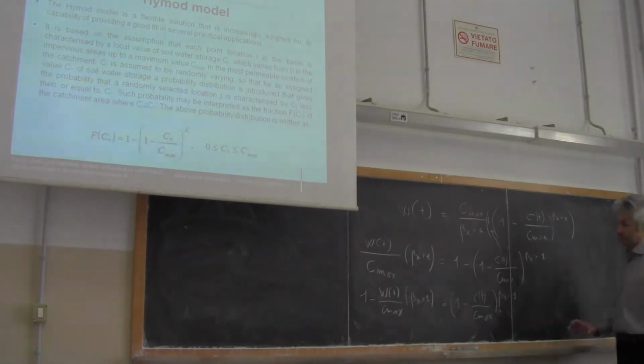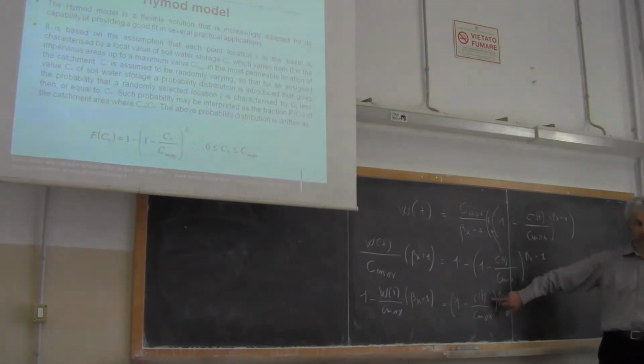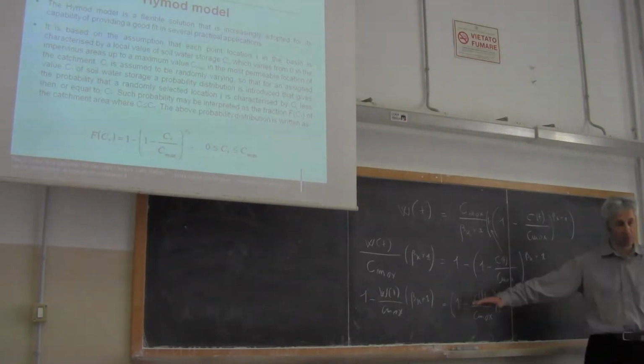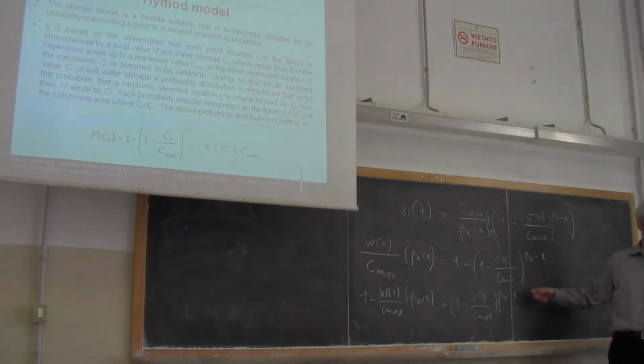And now, if I want to get an explicit representation for Ct, I need to remove this exponent by elevating both members to the exponent 1 divided by beta k plus 1.